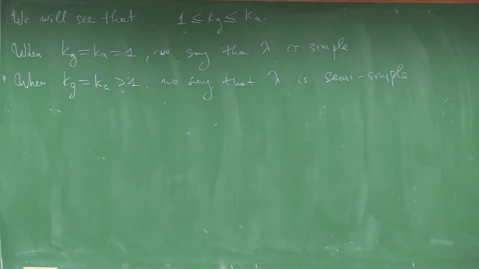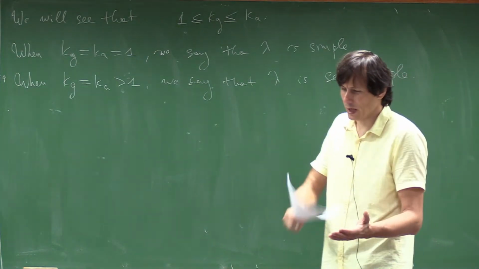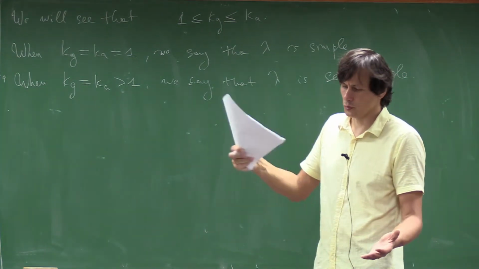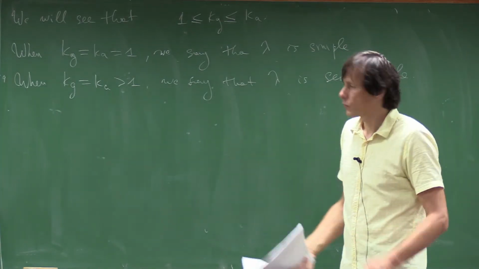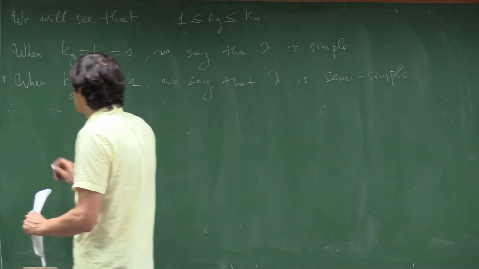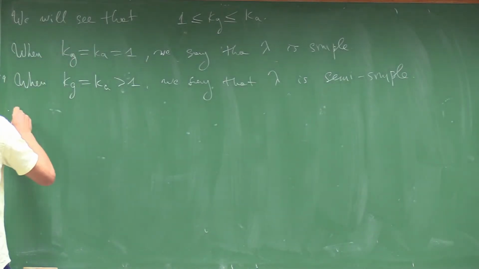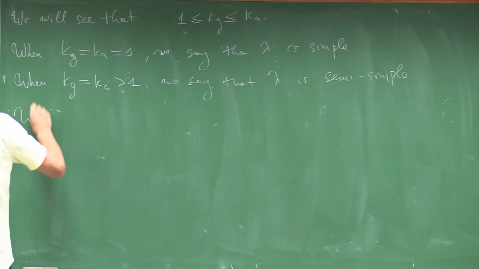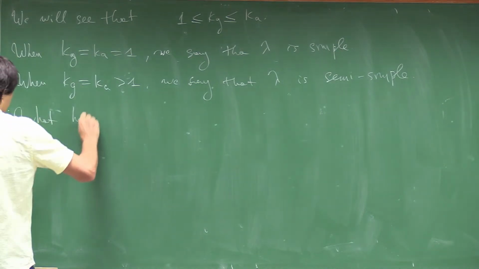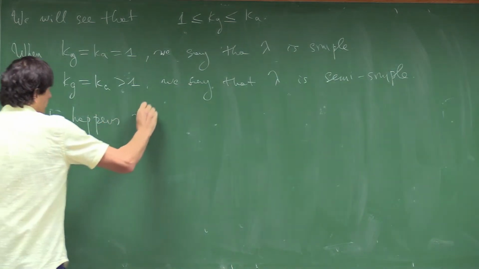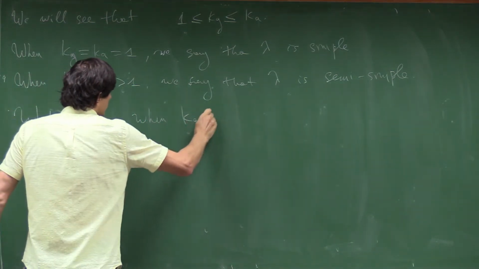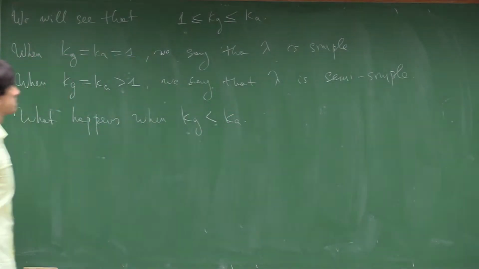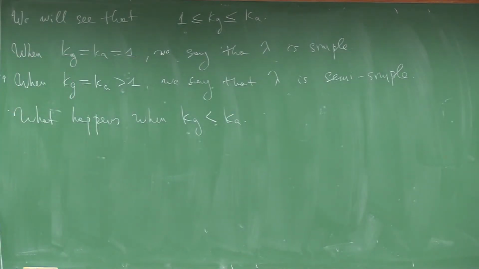Why semi-simple? Okay, it appears several times as a root, but to each of the roots we can give an eigenvector. So what happens when Kg is smaller than Ka? And this is exactly the problematic case.